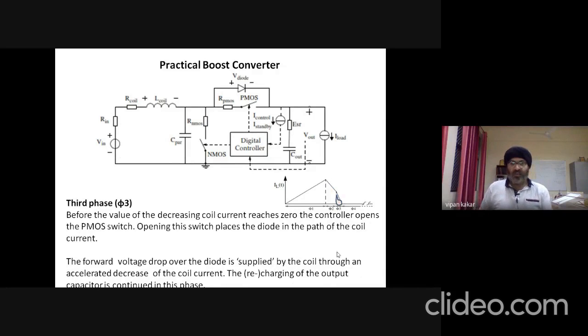Now phase 3, as we can see here with the shaded region. Now the value of this decreasing coil current actually goes to 0, because the complete energy stored in the inductor is now released completely, and the inductor current goes to 0, completely decayed, completely ramped down.